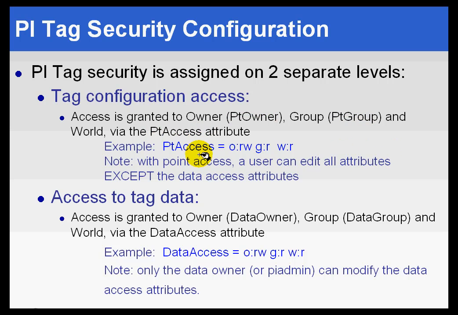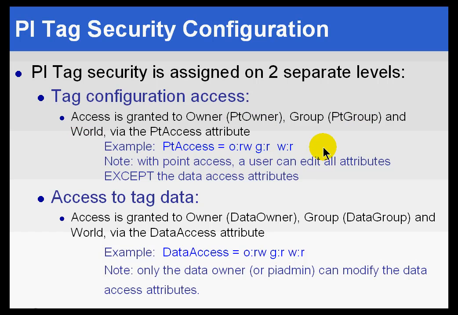And that access is defined by an attribute called point access. And as you can see, that's where we specify the 3 things. That's where we specify what this point owner can do. So you can see the owner has read-write. That's where we also specify what the group can do. The point group is specified with this group. And that also is where we specify what the world can do. The world is somebody who is not the owner and not in the group.